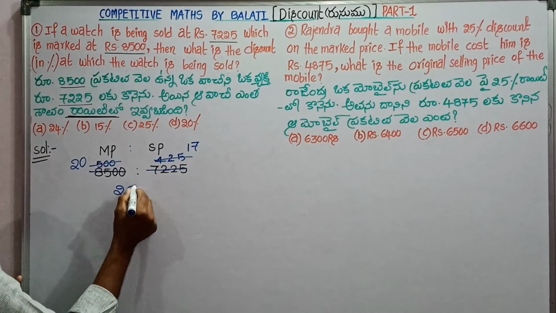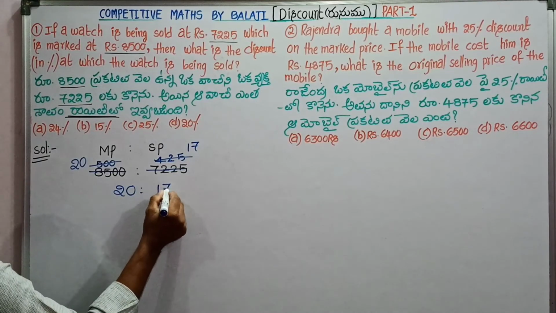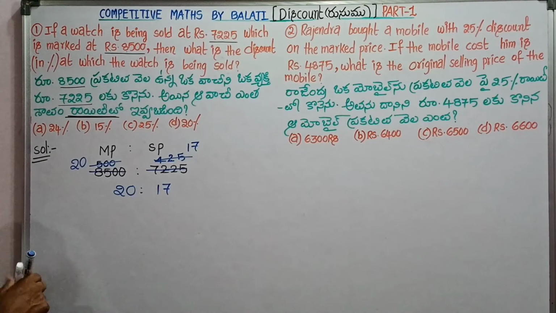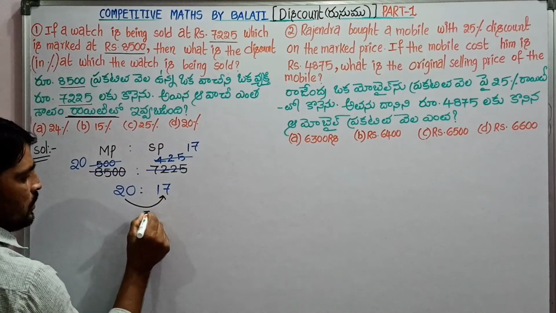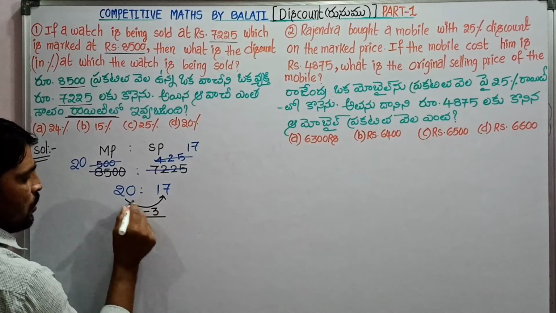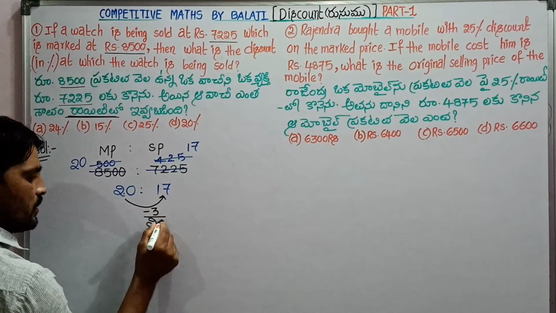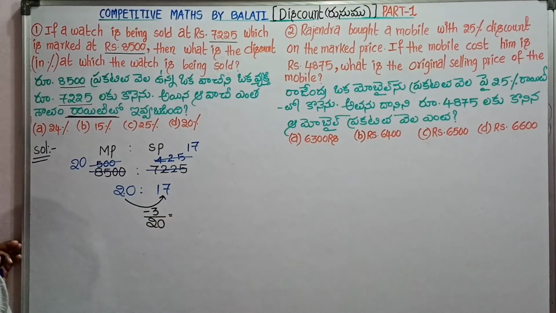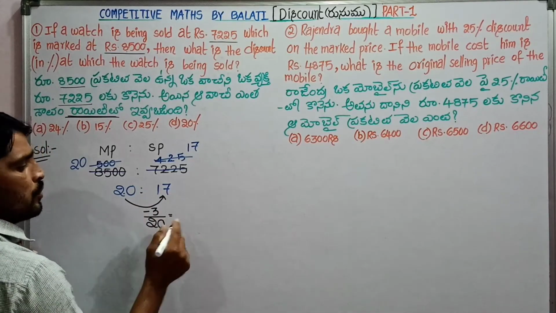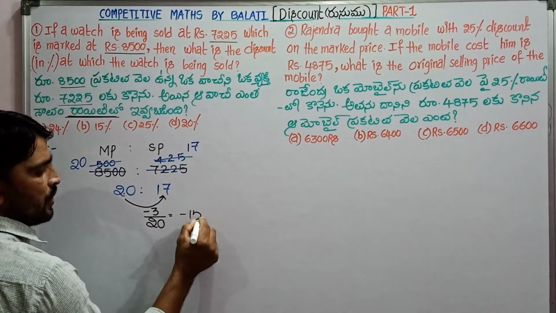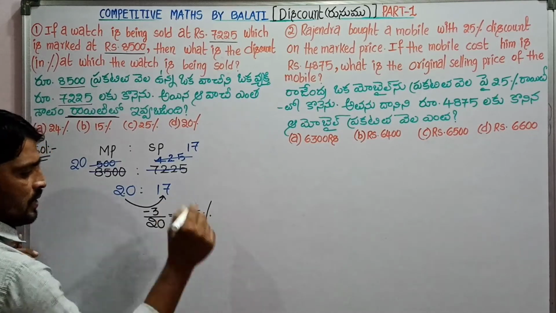That is, ratio of market price to selling price is 17 to 20. There is a 3 units decrease or reduction, that is discount is 3 units over market price 20. Yes, 1 by 20 is 5%. Since it is 3 by 20, so discount is 3 5s or 15%.